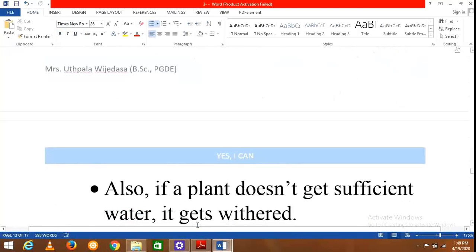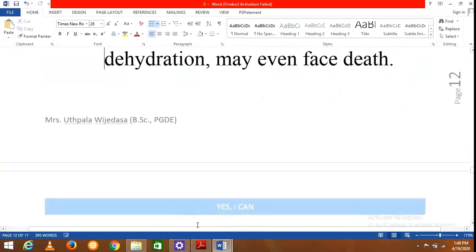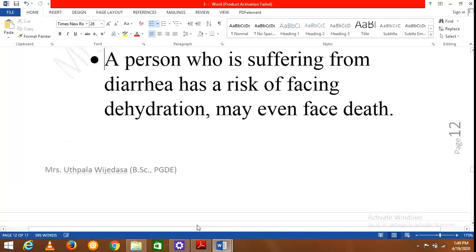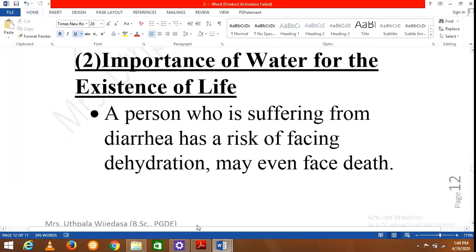Then we have to discuss the importance of water for the existence of life. This is a common topic. Once we say life, it includes plants, animals, microorganisms, everything.